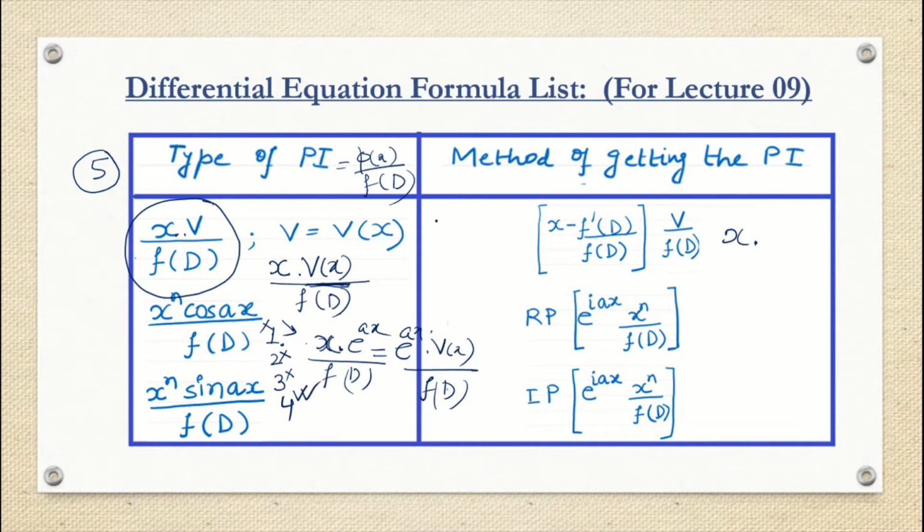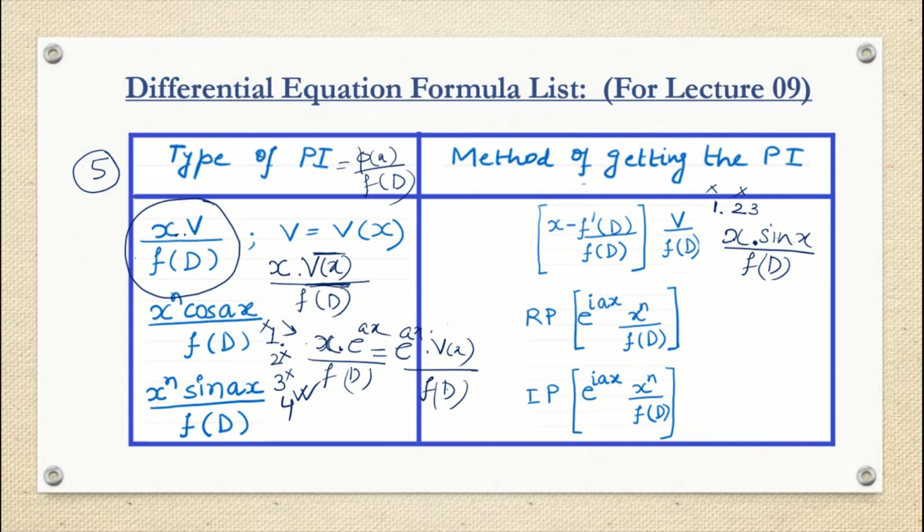V of x, if I think that V of x is nothing but some trigonometrical function, the type 2 trigonometrical function. Right now I am saying the right hand side is x sine x. So what type of particular integral is it? Is it my type 1? No, no exponential term is present. Is it my type 2? Sinusoidal is there, that means a trigonometrical function is there, but not only trigonometrical function. So we'll say this is not my type 2. Is it my type 3?